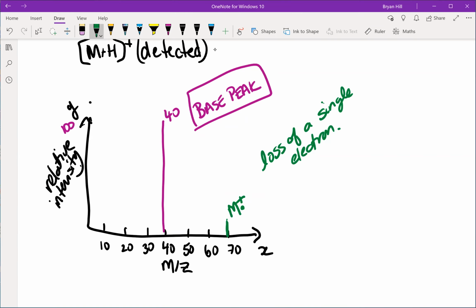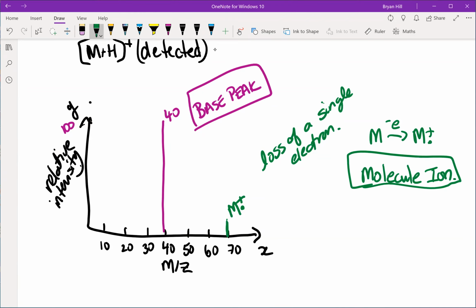This peak had a special name. So whatever your molecule was, it loses an electron and it gets charged, and it comes out at the highest mass to charge ratio. Its special name is the molecular ion. Right, molecular ion. Good.